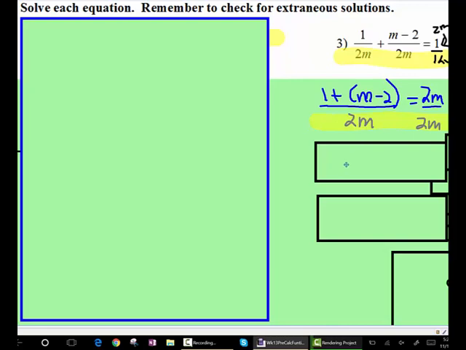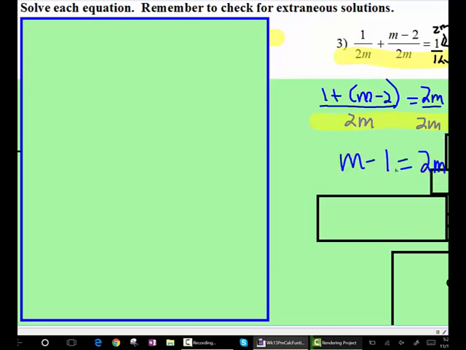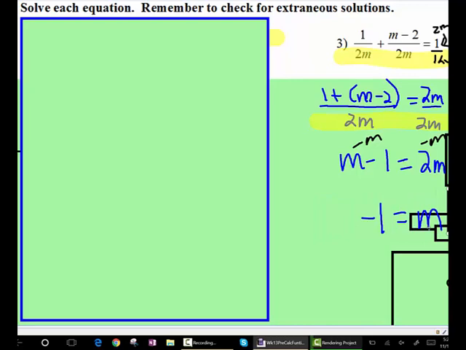So 1 plus negative 2 is negative 1. And then that leaves us with m subtract 1 is equal to 2m. Well, I'm just going to subtract an m from both sides, and boom, negative 1 is equal to m.